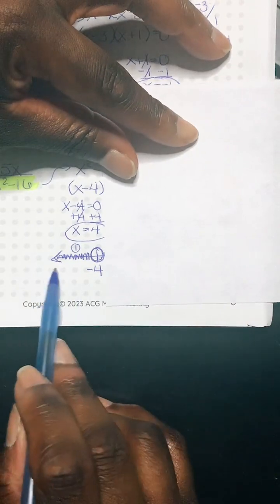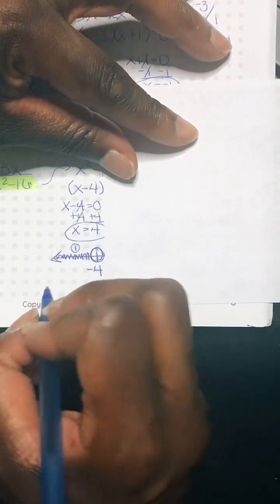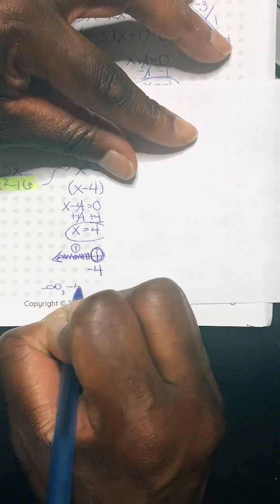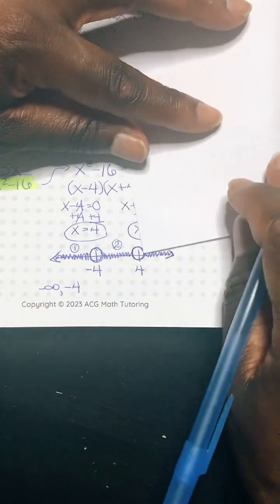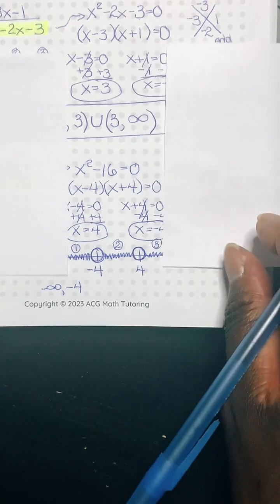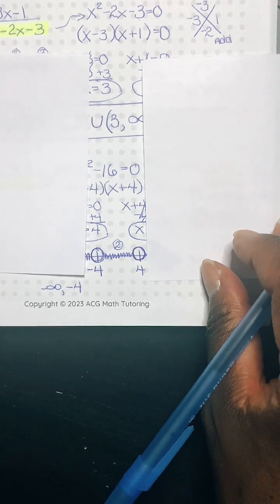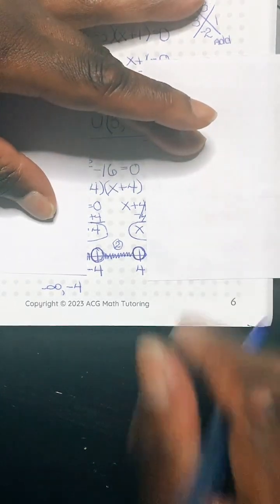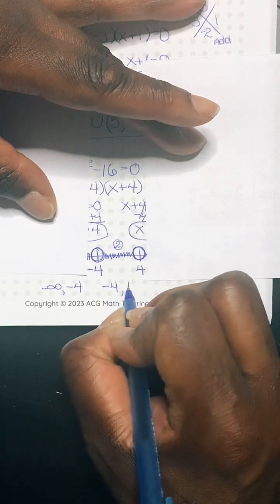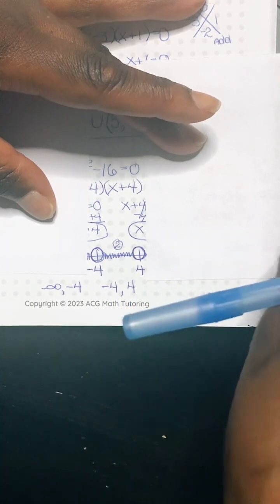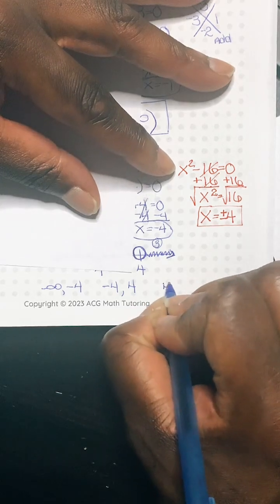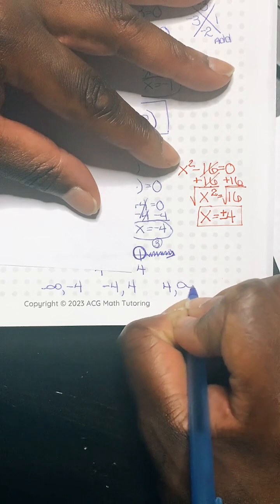So if I cover that up, we're only dealing with from negative infinity to negative 4. It's going to be hard for me to do the middle one. Oh, wait, got more paper. So for the middle section, we're talking about negative 4 to 4. And then for the last section, we're talking about 4 to positive infinity.